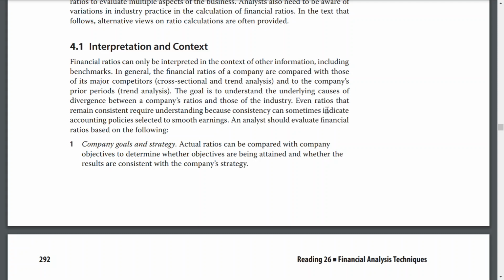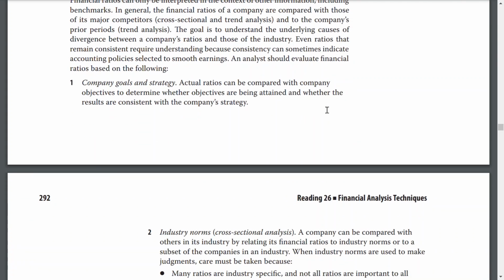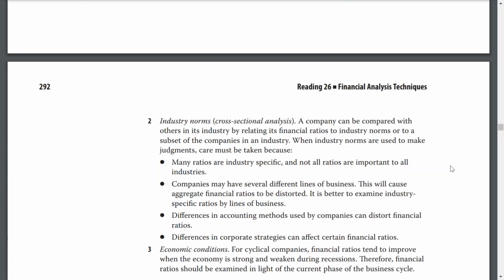Even ratios that remain consistent require understanding, because consistency can sometimes indicate accounting policy selected to smooth earnings. An analyst should evaluate financial ratios based on the following: company goals and strategies, industry norms, and economic conditions.